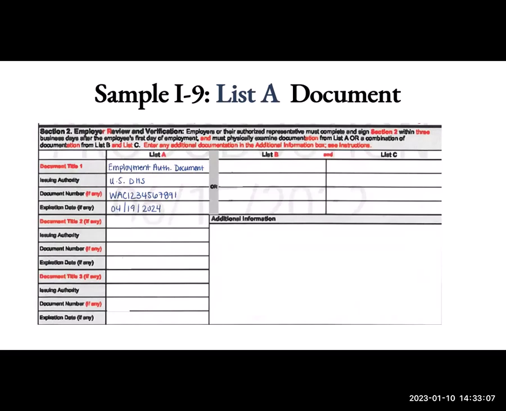USCIS wants you to write out employment authorization document, but actually, Danny made authorized narrow, and you could do USDHS. That one, both of them agree on. Under list B and list C, ICE would allow you to do SSN for Social Security number, SSA for Social Security Administration. They would allow you to do driver's license as DL. USCIS does not. And that's what we're going to show you on the next slide.